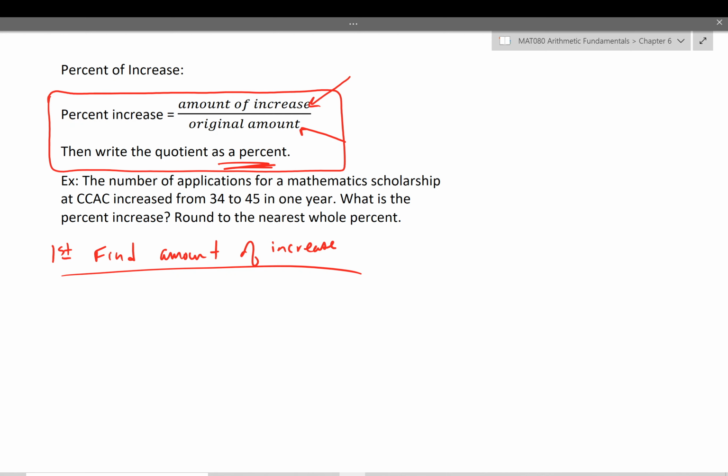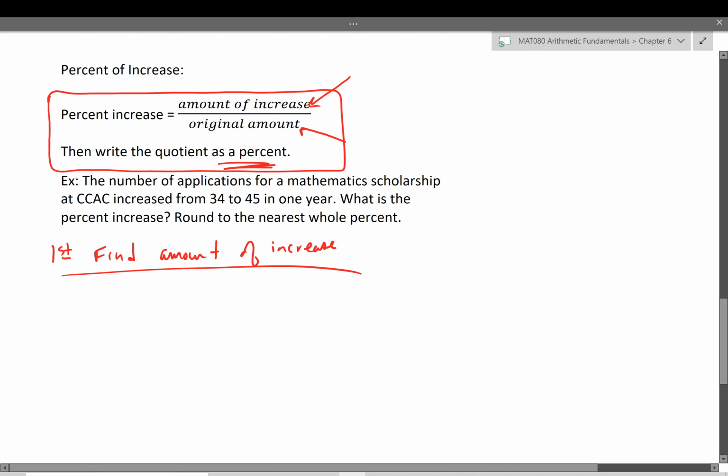So the amount of increase equals the final amount minus the initial amount.